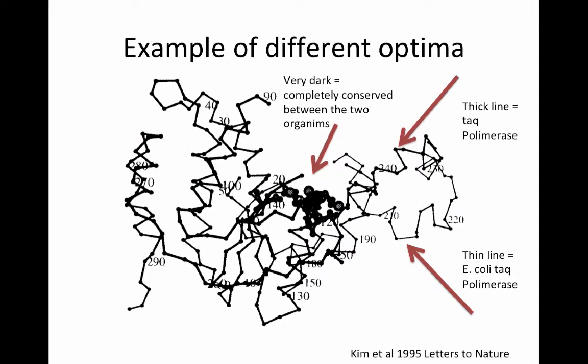This is a really complicated figure, I apologize, but I wanted to just talk about optima as well. And so for this folding to occur and for these functions to occur, the enzymes have to be at a very specific temperature or a very specific pH.